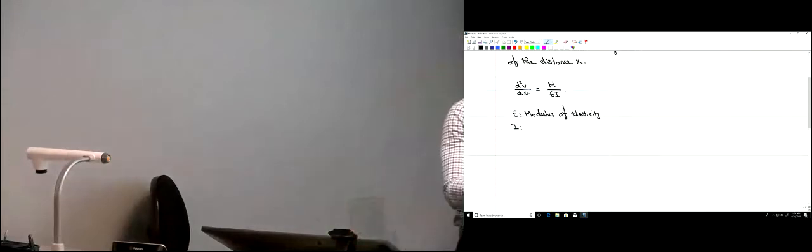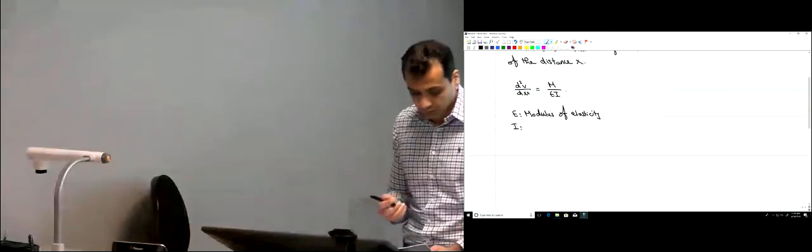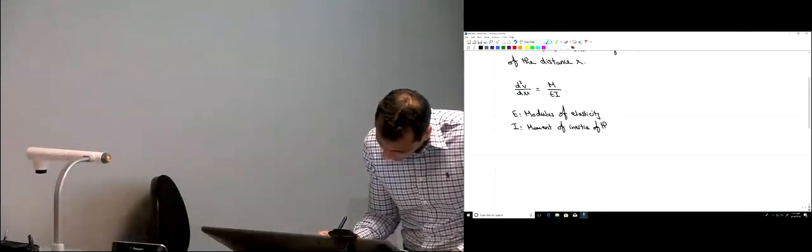So if you use, let's say, steel versus wood, the deflection is going to be much less in steel versus wood. Although the load is the same, and maybe the beam looks the same, the different material will make the deflection different. I is the moment of inertia. What's the moment of inertia?